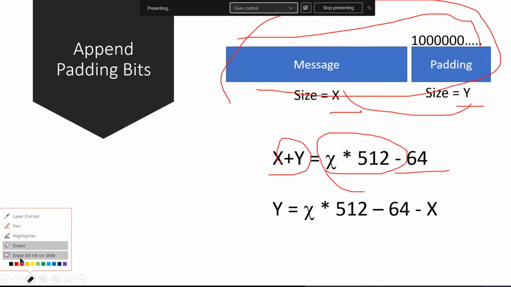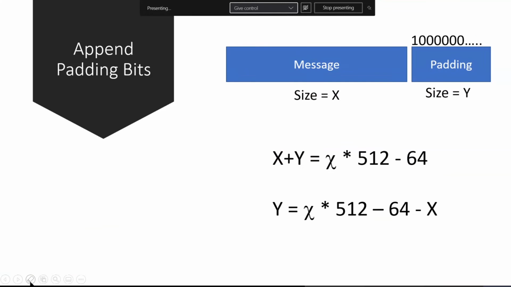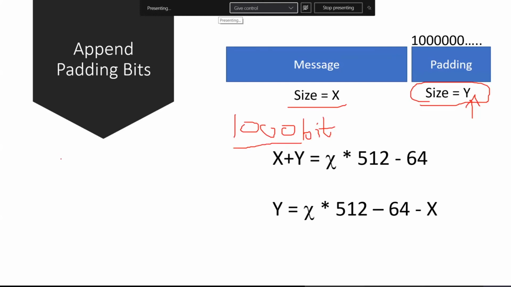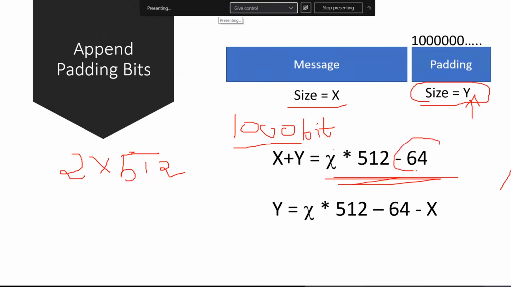Let us consider our example. I took the size of x as 1000 bits. So 1024 can be represented as 2 into 512. As per the formula, I have to subtract 64 from it.